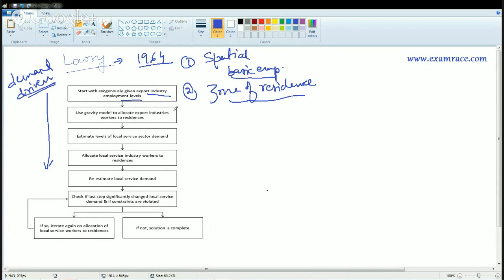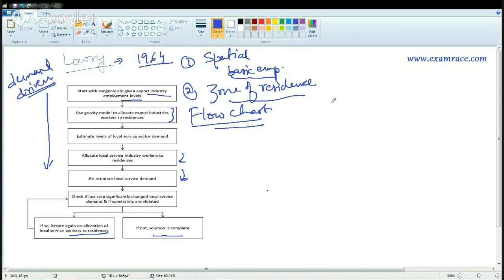You allocate the export industries to the workers in every area. Then you try to understand what the demand from that region is. You try to allocate your services based on the demand. Then you re-estimate what the real demand would be. Then you check it. If you are fulfilling that, you will allocate the services. If you are not, the solution is not complete. That was what Lowry tried to explain by means of this flowchart.